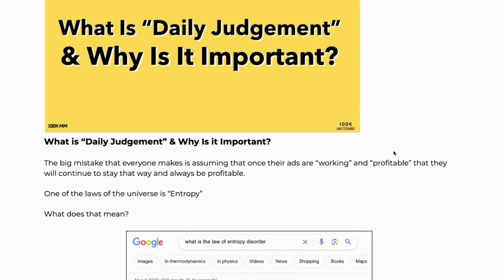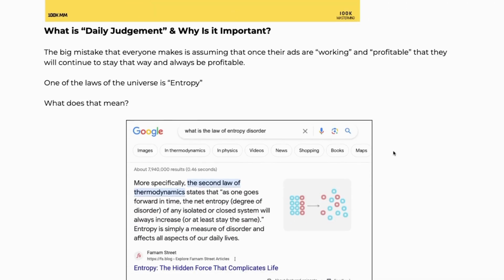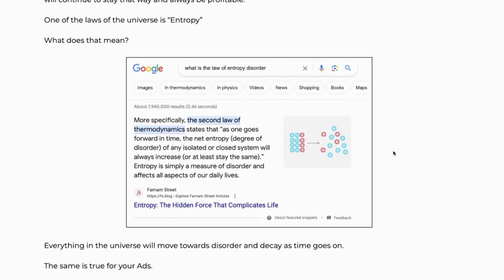The law of entropy is basically the second law of thermodynamics, in which everything over time goes towards increased entropy. Entropy is basically more disorder, more chaos. Basically, the entire universe is expanding and continuing more towards that state of disorder unless an outside force actually comes in and corrects it.